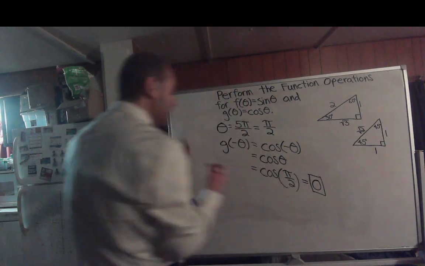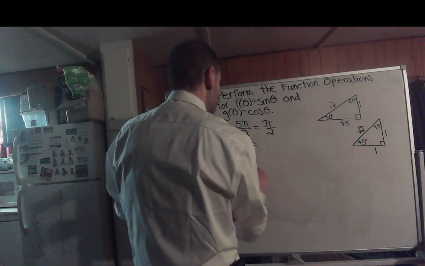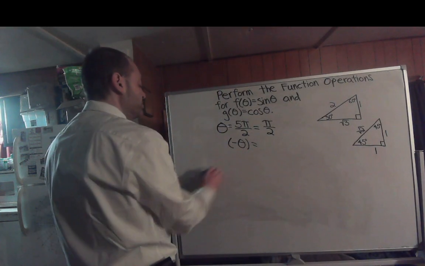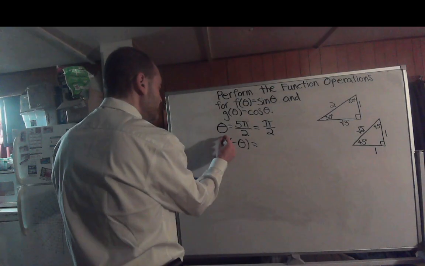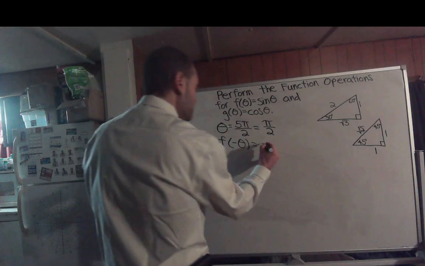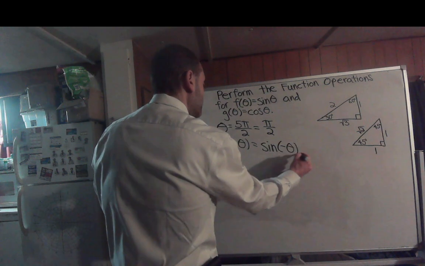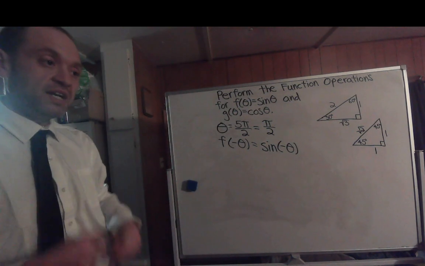Easy enough, right? Now, last but not least, I'm making this one up here, but it's very valuable. Let's do f of negative theta. F is sine, so in other words, we're going to take the sine of negative theta. Now, what's true about the sine function?